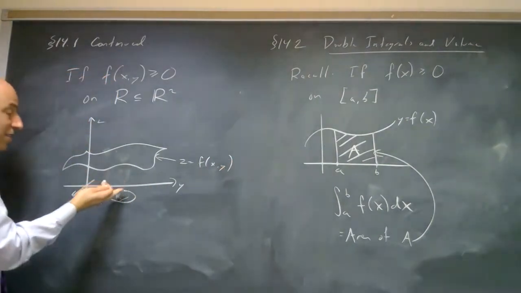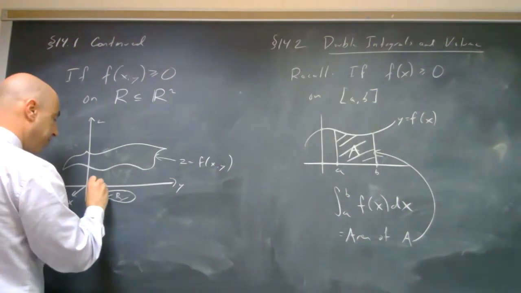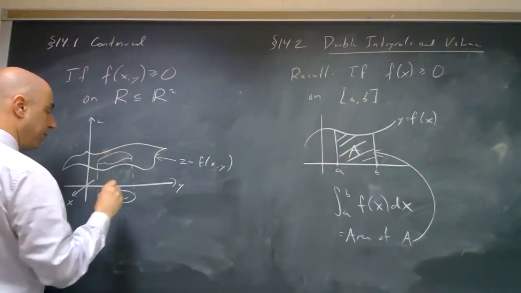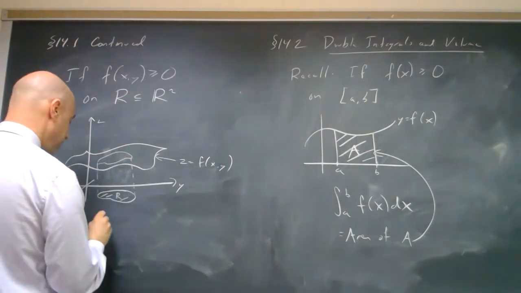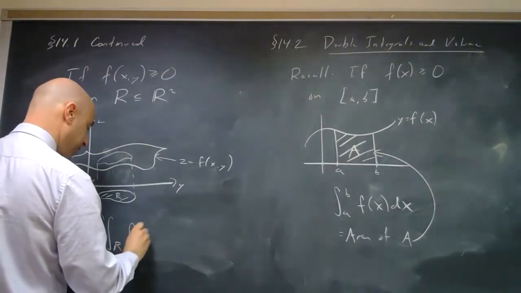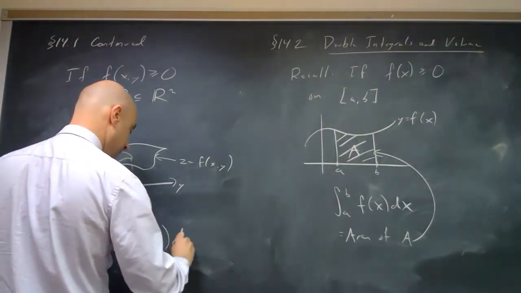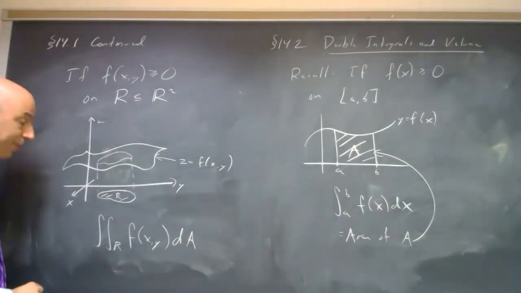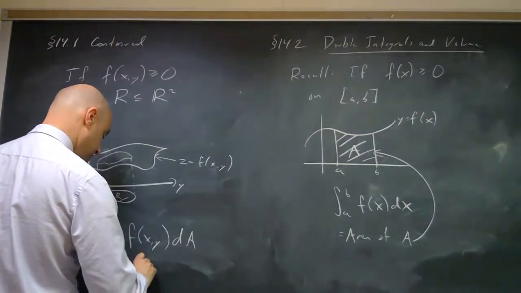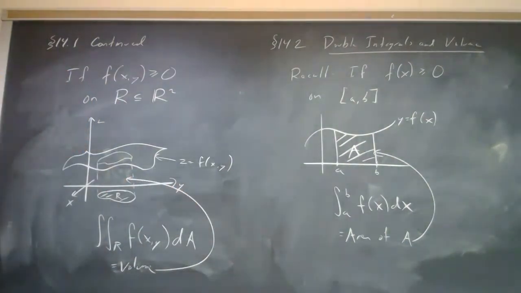If this surface is entirely above the XY plane, at least over top of R, then we can interpret the double integral over R of f of xy dA as the volume of this region right here.